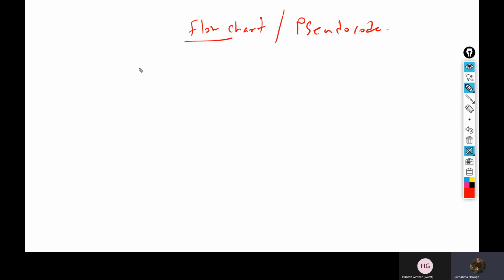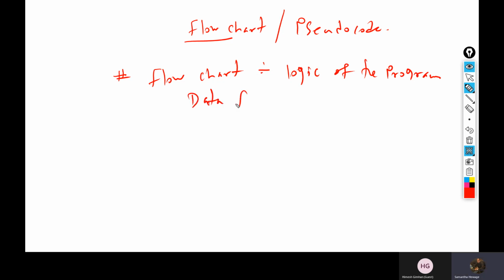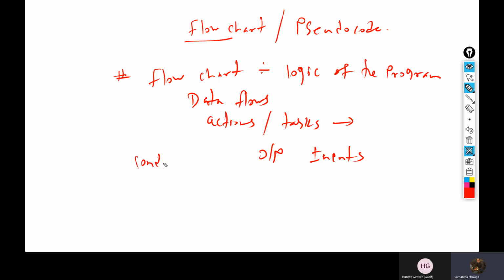What is a flowchart? A flowchart denotes the logic behind a program, the logic of the program: how data flows, or the actions, or the tasks being followed, what the output is, what the inputs are, and the conditions, or decisions.